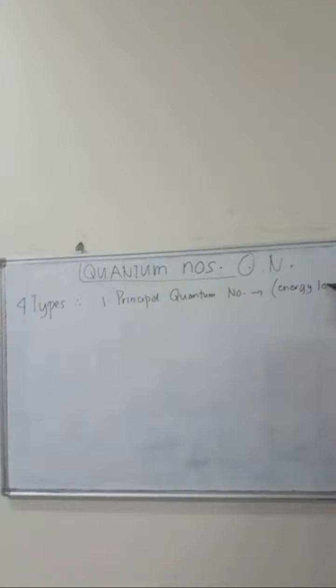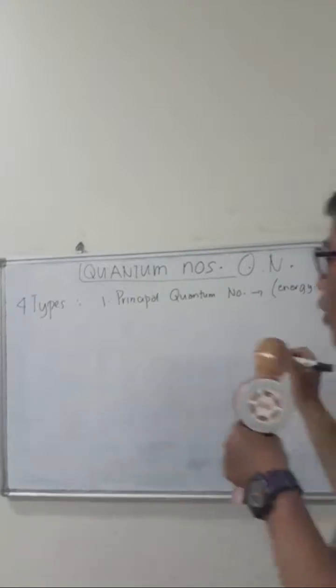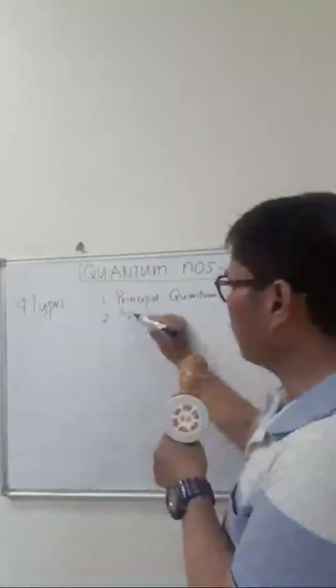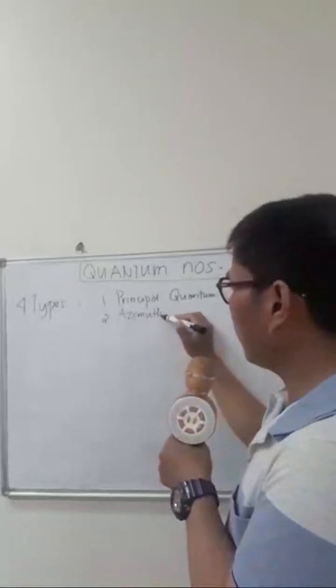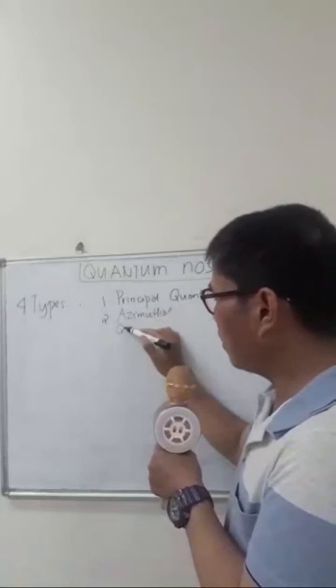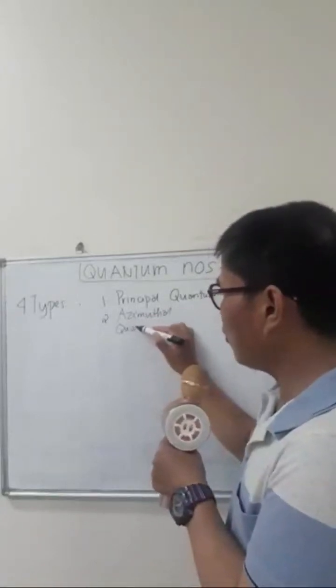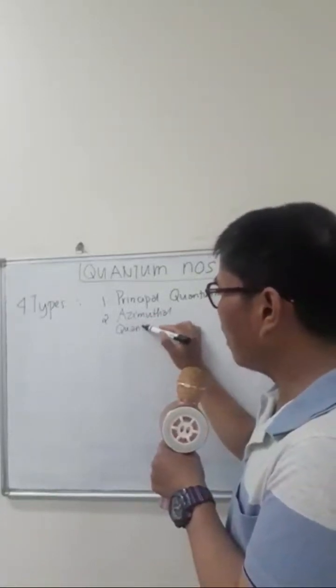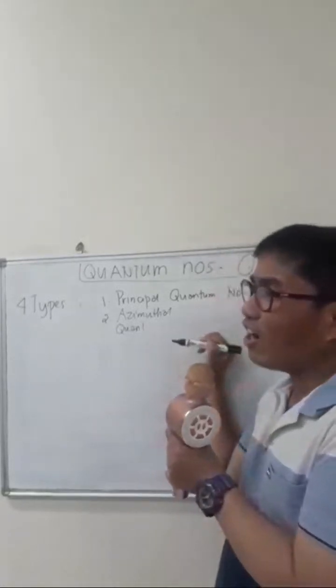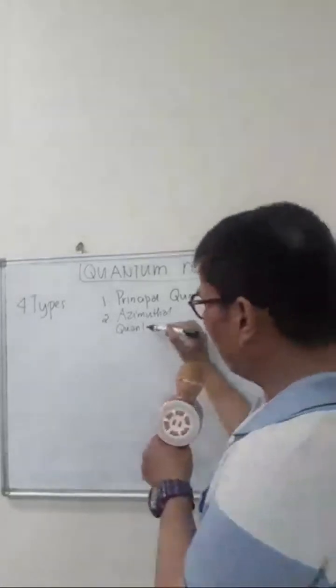Number two, we have our azimuthal quantum number. But this azimuthal quantum number is not quite used by some teachers or professors all over the world. They would rather use the other one, the orbital angular momentum quantum number.